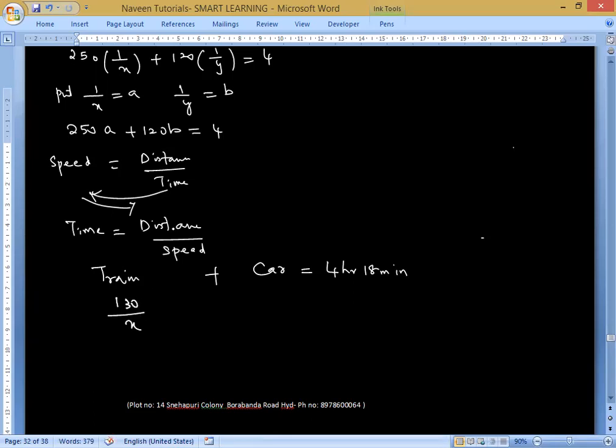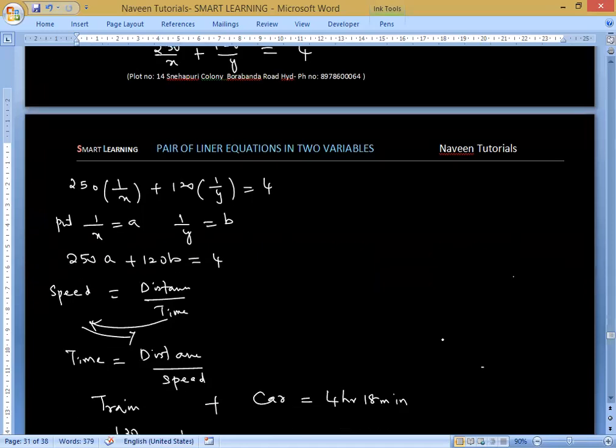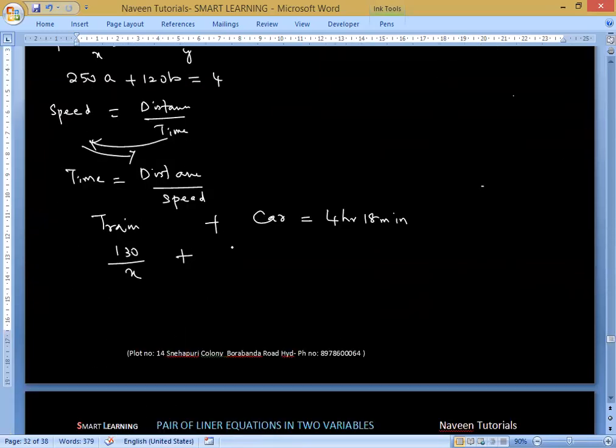130 by x. Distance by speed, again for the car. The distance traveled by the car is 240, so 240 by y is equal to 4 plus 18 minutes. 18 minutes can be converted to 18 by 60.